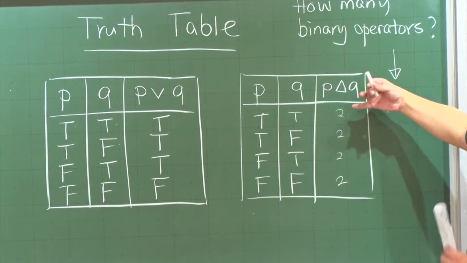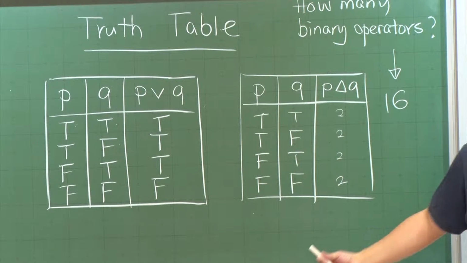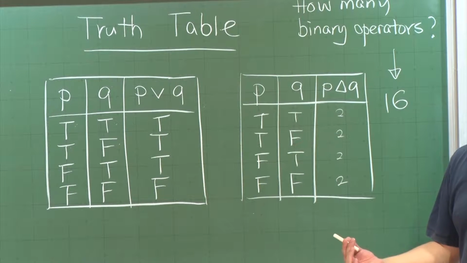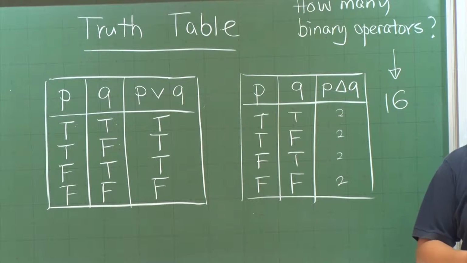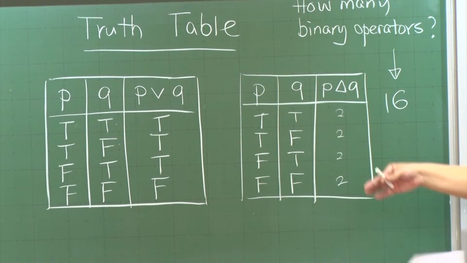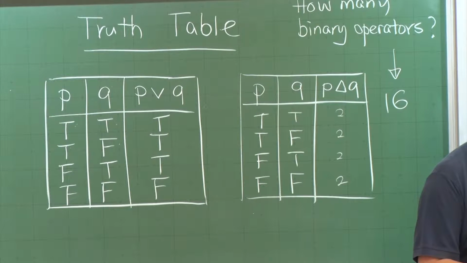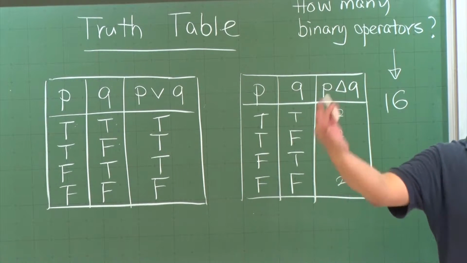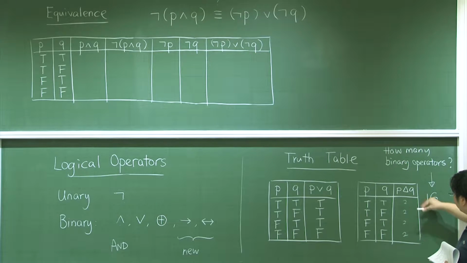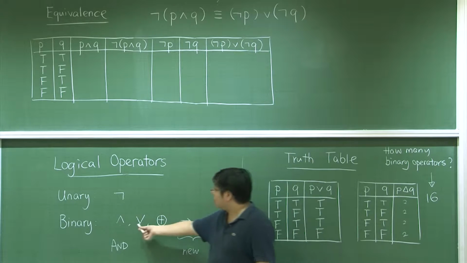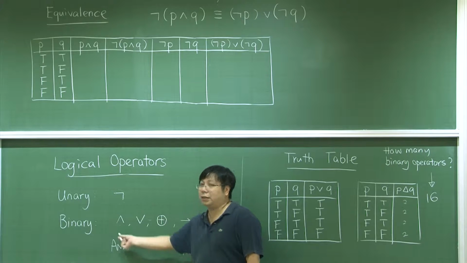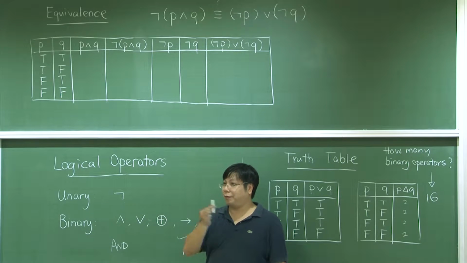For instance, P something Q might give true, true, true, true. It doesn't depend on P or Q, so you may call it always true. Whatever you combine, it gives you true. Some are interesting, because by changing the value of P or Q, you may get a different truth value in the end.